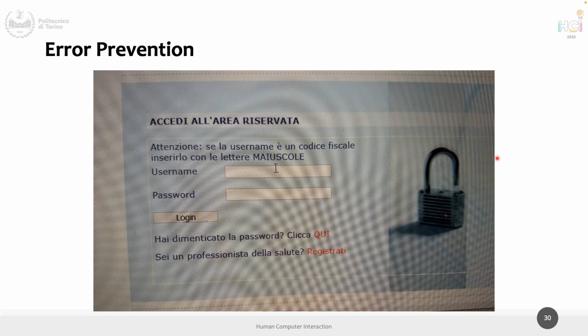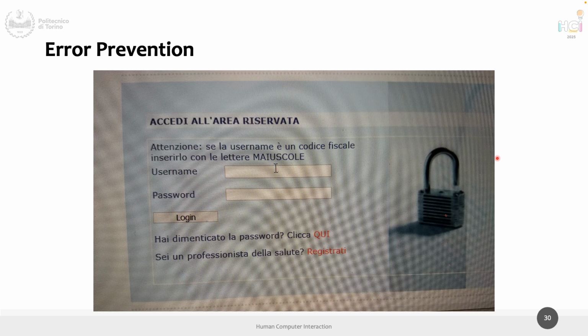And then there is another question here. The sentence says, if the username is a fiscal code. So, if not, who knows? What could it be?